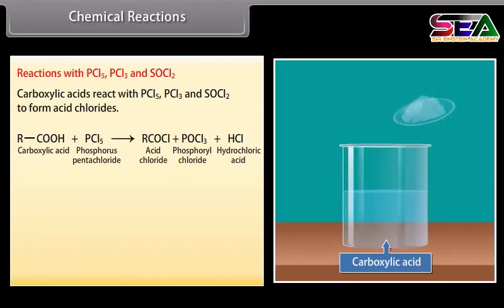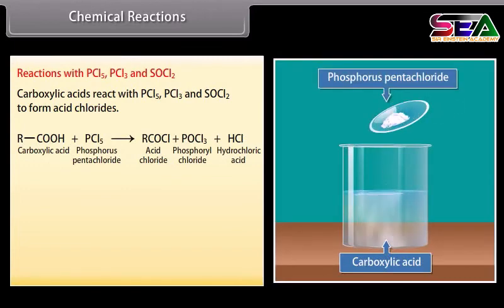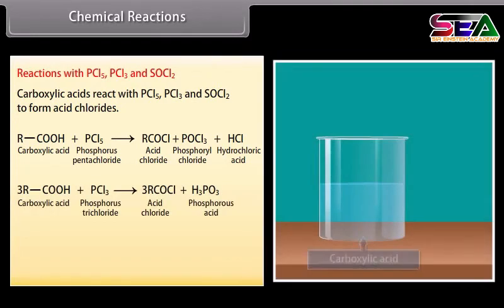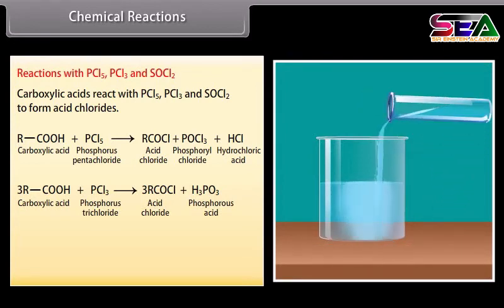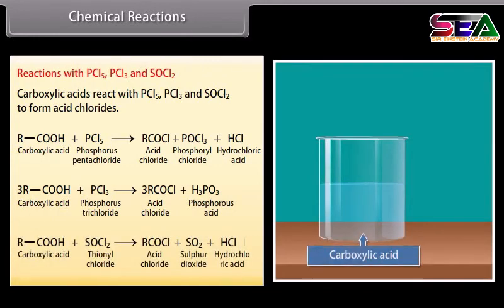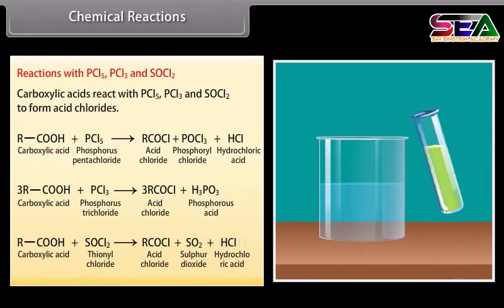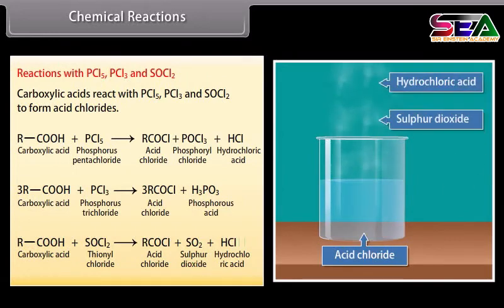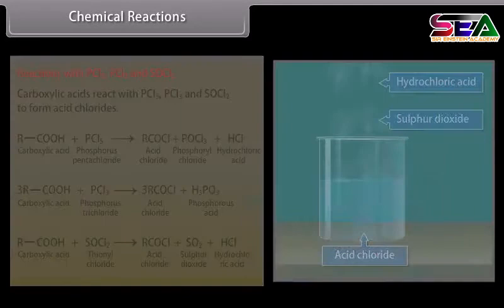Carboxylic acid reacts with phosphorus pentachloride to form acid chloride, phosphoryl chloride, and hydrochloric acid. It reacts with phosphorus trichloride to form acid chloride and phosphorus acid. It reacts with thionyl chloride to form acid chloride, sulfur dioxide, and hydrochloric acid.